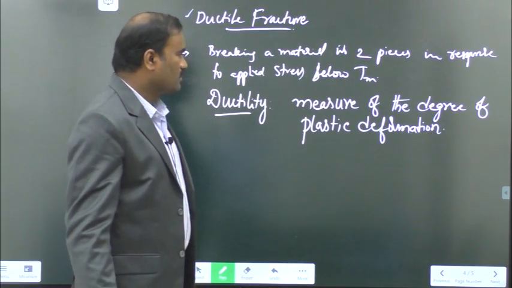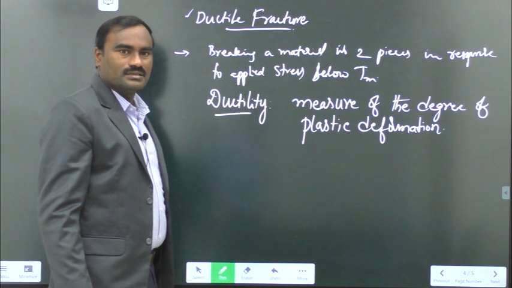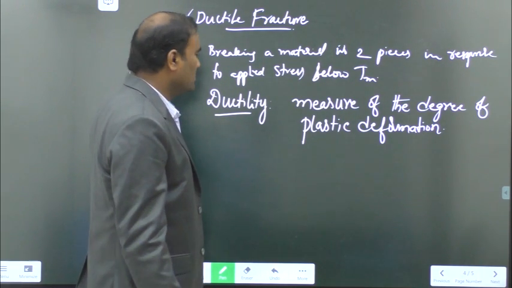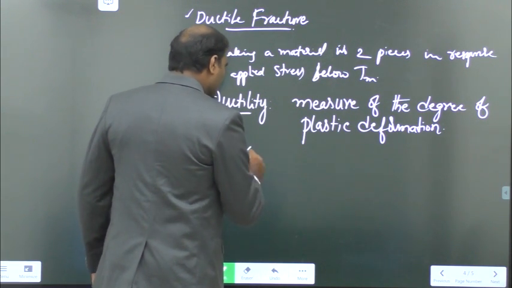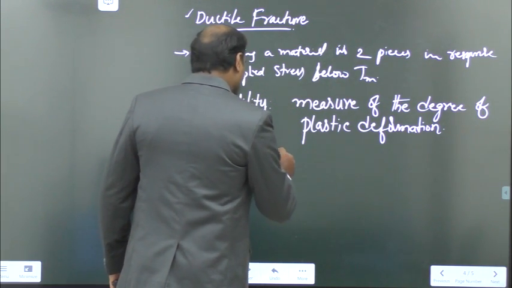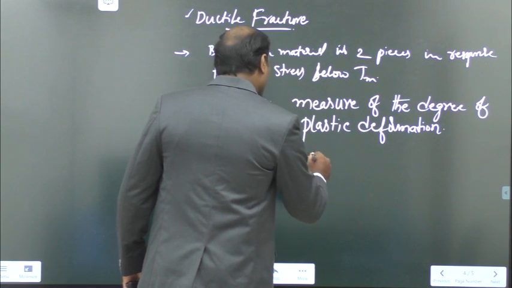The measure of the degree of plastic deformation is called ductility. It is quantitatively represented as percentage of elongation.